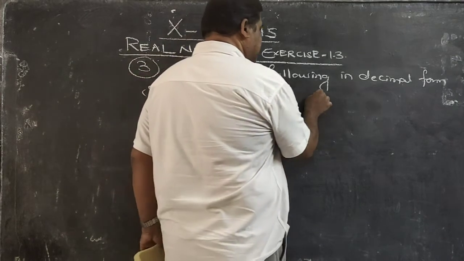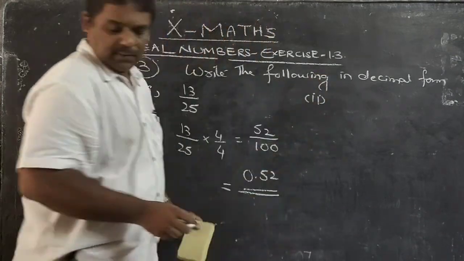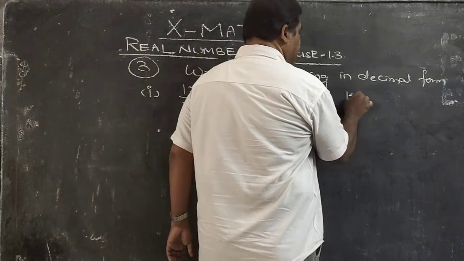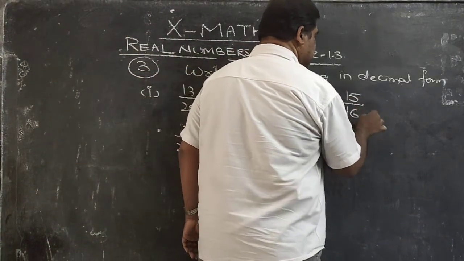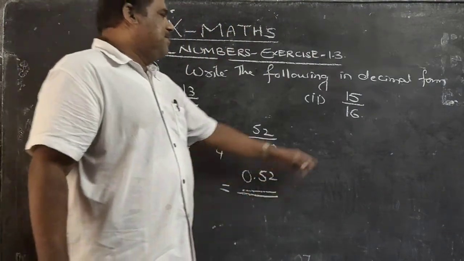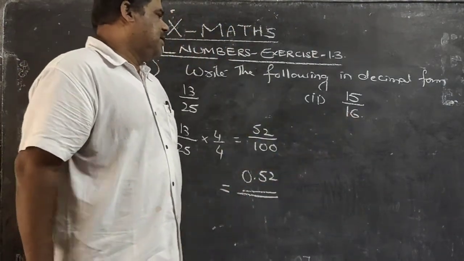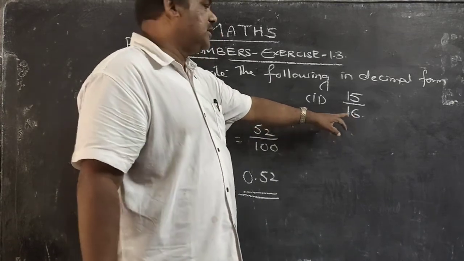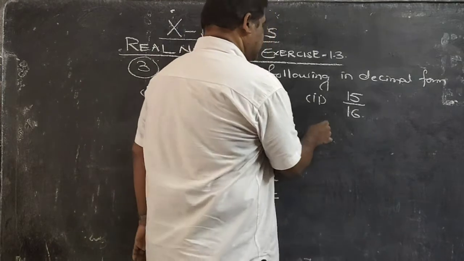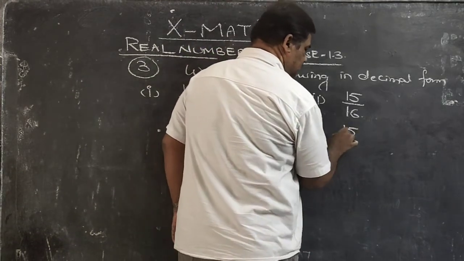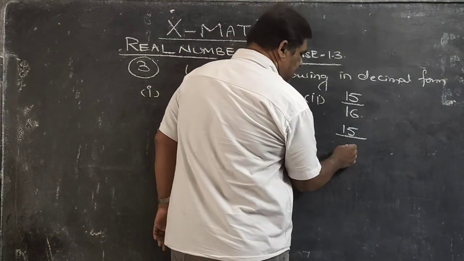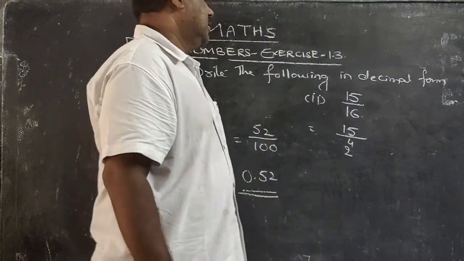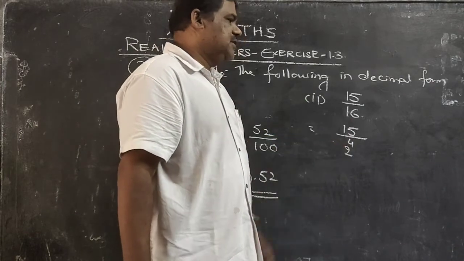Now write the second one, 15 by 16. Let us make the denominator a multiple of 10, that is, 10 or 100 or 1000 or 10,000 and so on. 16 you can write as 2 to the power 4.